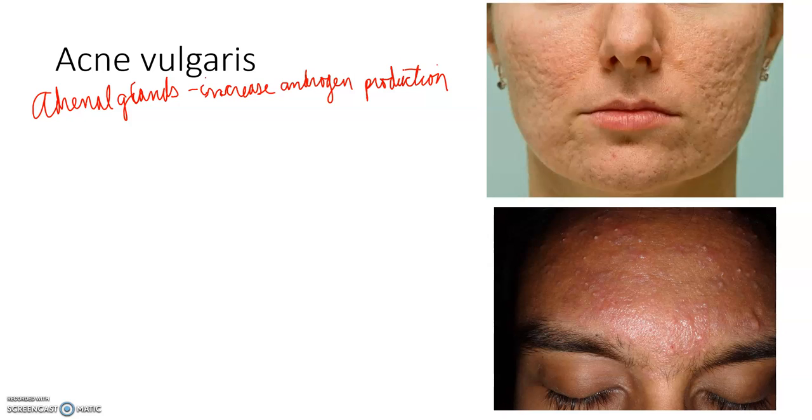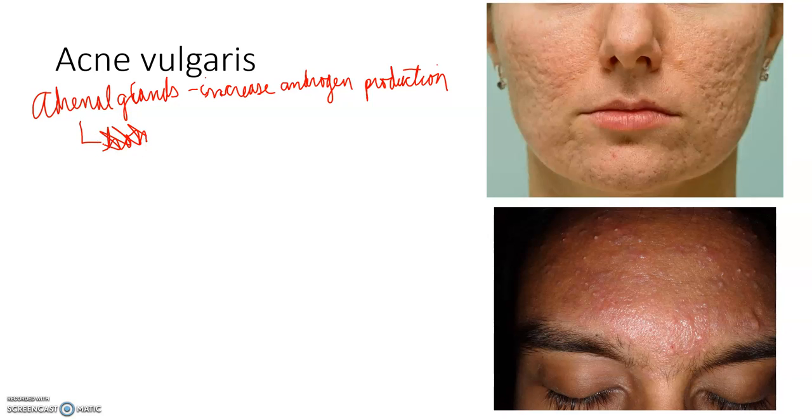Androgens are responsible for a lot of secondary sex characteristics. Testosterone is derived from a type of androgen, okay? And one effect of these androgens is that they can increase sebum production.